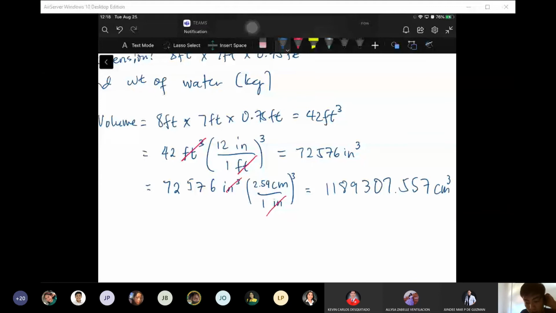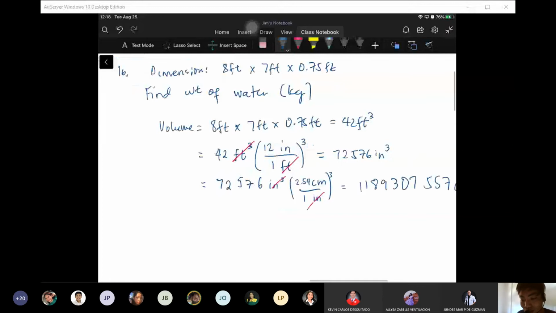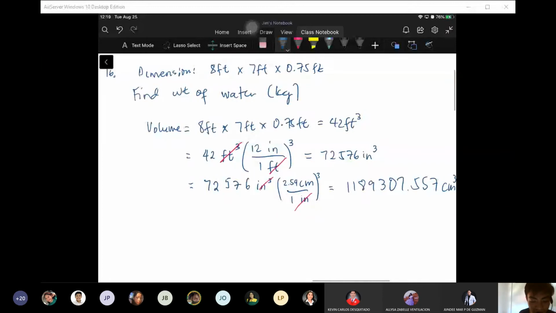So, that is the dimension. 1,189,307.557 cubic centimeter. This is why I hate imperial systems. Ang hirap mag-convert. So anyway, so we have the dimension already for the volume.